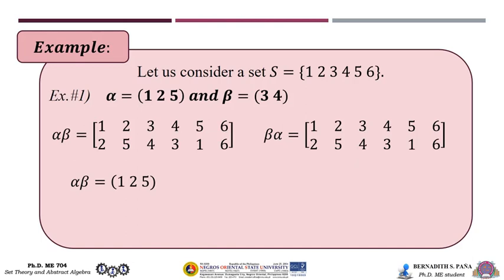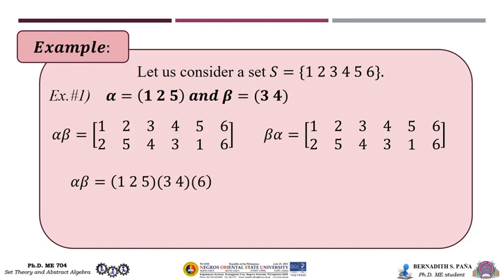If we express this as a product of disjoint cycles, it would look like this. So for the alpha beta, let's start with 1. 1 maps to 2, and then 2 maps to 5, and then 5 maps back to 1, so we can close the cycle. Next, let us have 3. So 3 here maps to 4, and then 4 maps back to 3, so we can close the cycle.